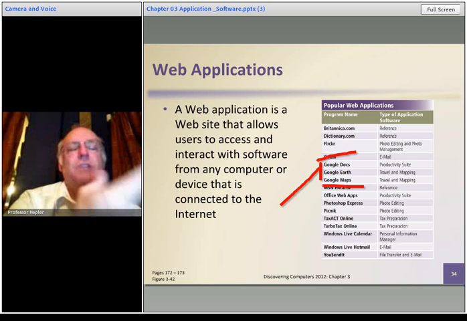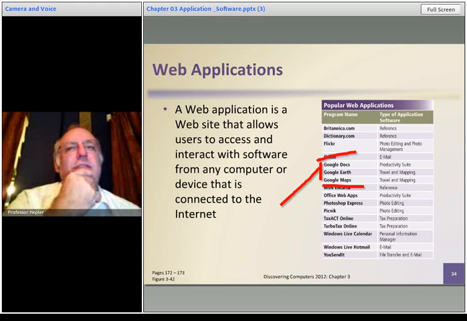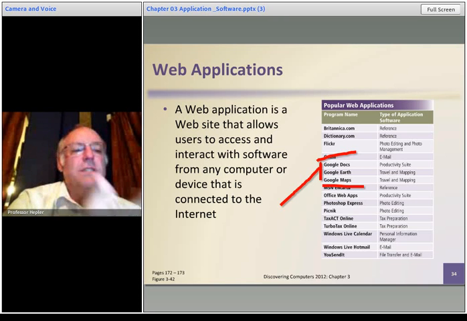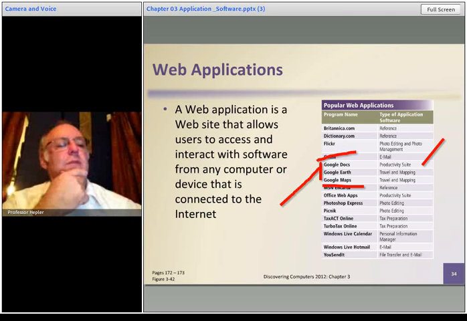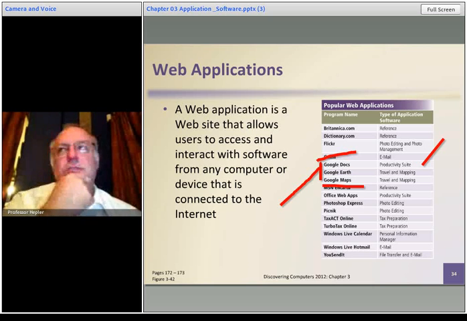They have a version of spreadsheet, a version of word processing, and a version of presentation software, and that's their productivity suite, which you can think of as a Microsoft Office suite.